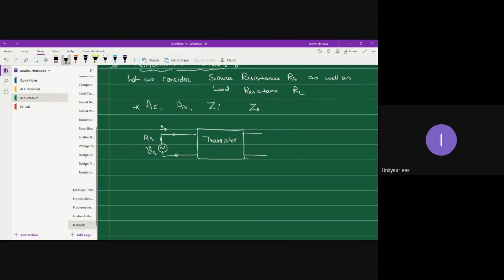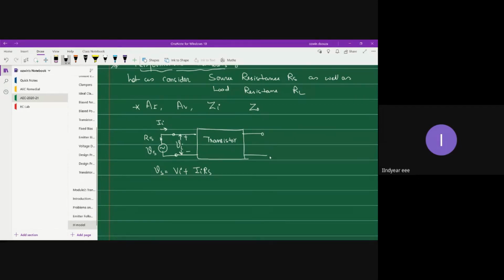And this current, we will take it as II. The effective voltage that gets applied across the transistor input, we shall take as Vi. But remember, Vi is not equal to Vs. In fact, Vs is equal to Vi plus II into Rs. So we have considered a small source resistance in series with the source. No longer are we considering it as an ideal source.